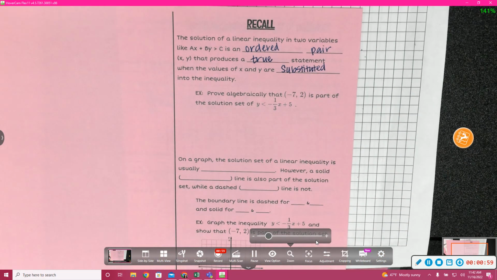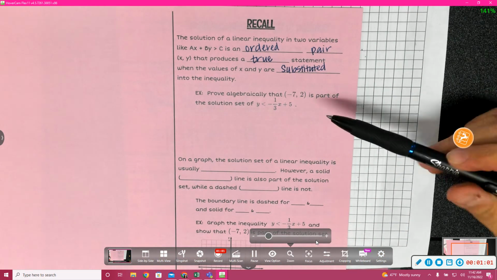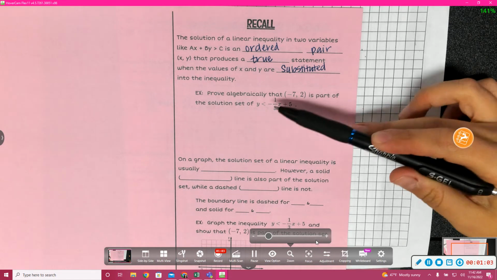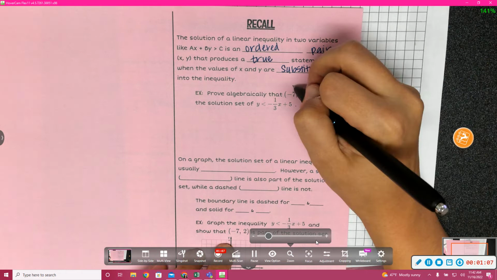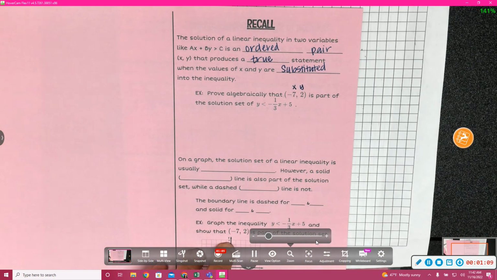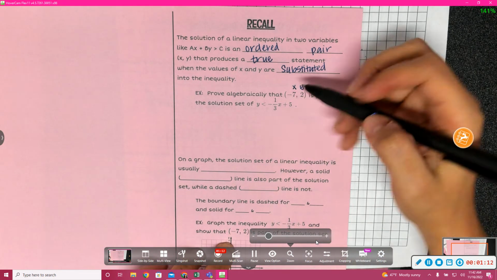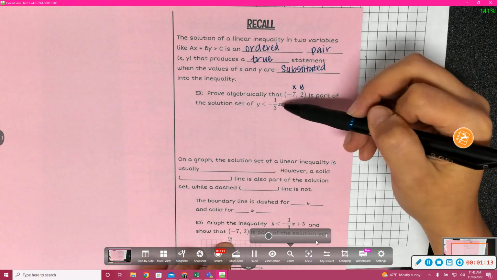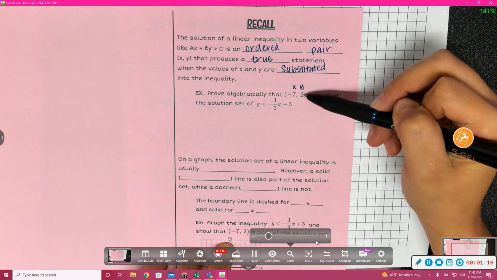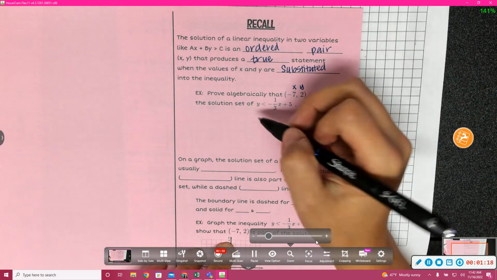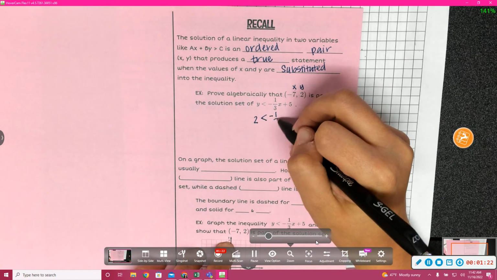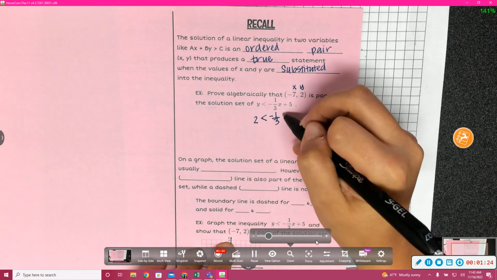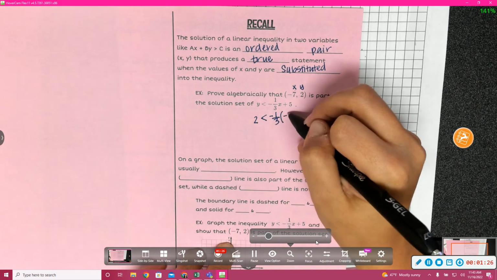So for example, we're going to prove algebraically that negative 7, 2 is part of the solution set of y is less than negative 1/3 x plus 5. Remember, this is your x, this is your y. So all I'm going to do is take my x and substitute for x right here, and take my y and substitute for the y over here. So that is 2 is less than or equal to negative 1/3, I forgot my fraction bar, parentheses, negative 7, plus 5.